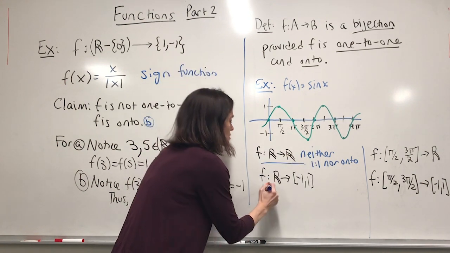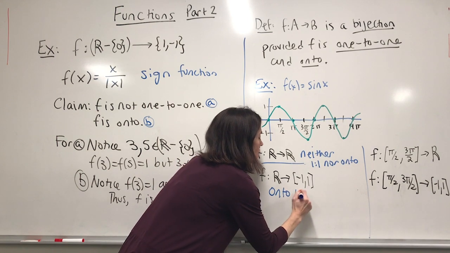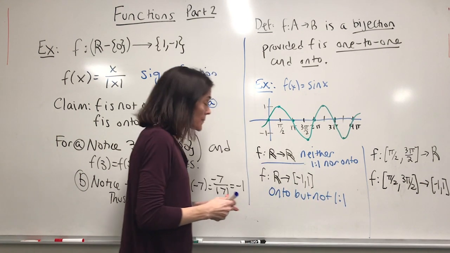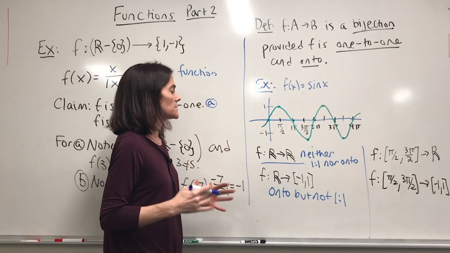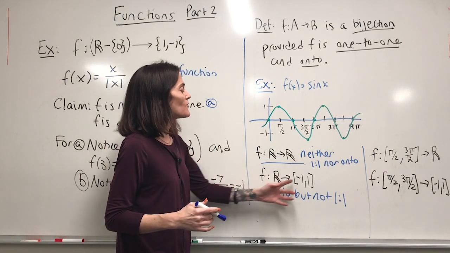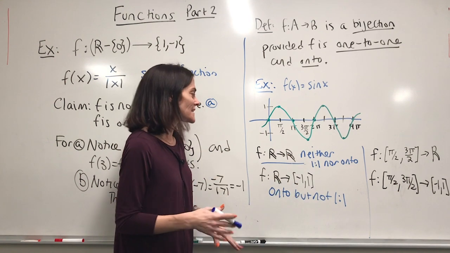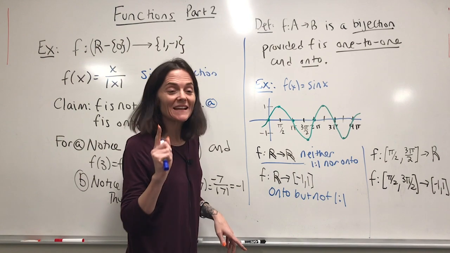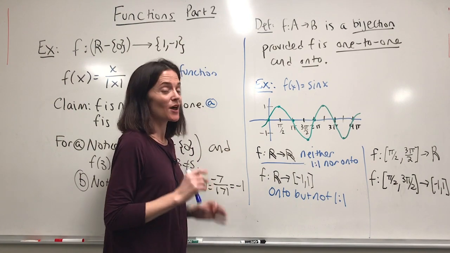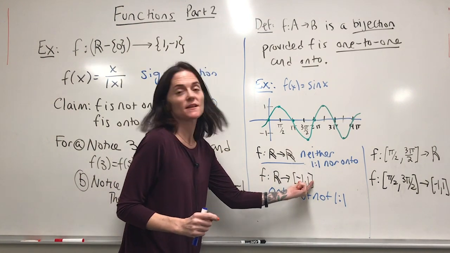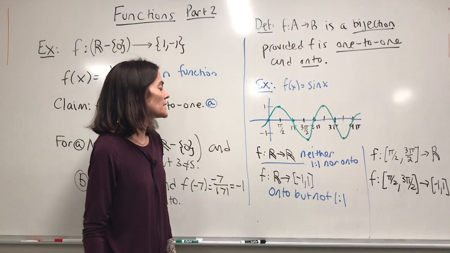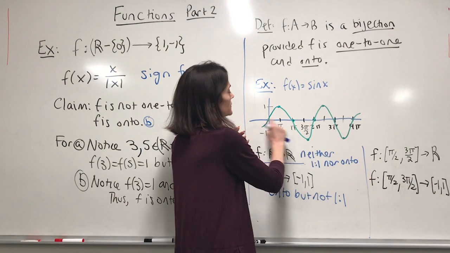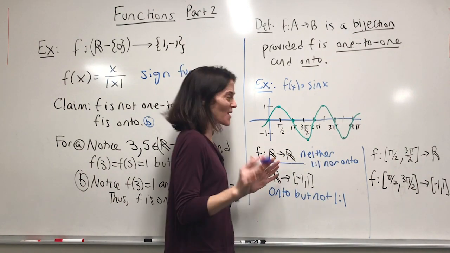This one is onto, but not 1 to 1. The image, without a doubt, is all of minus 1 to 1. In fact, you might have thought about the inverse sine function, the arcsine, right, has this as the domain. So this is onto, but again, because we're on R, it fails the horizontal line test, not 1 to 1.